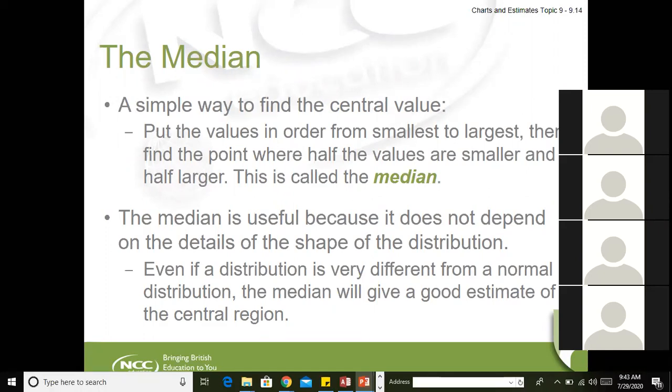You should know what a median is. The median is the middle number.